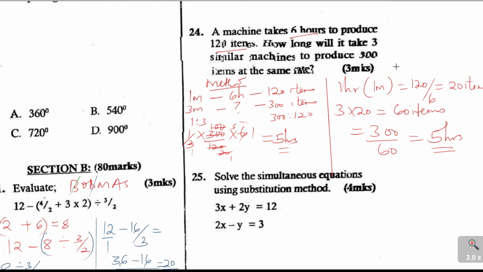So you can either decide to use method 1 or method 2, whichever works for you. So we go to the next question.